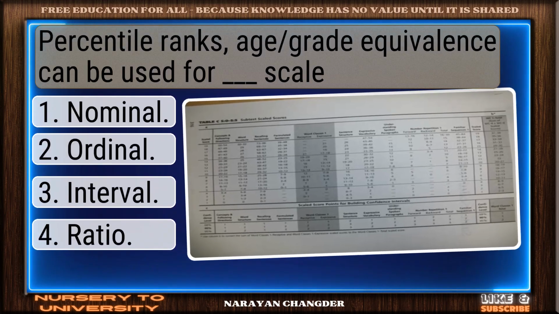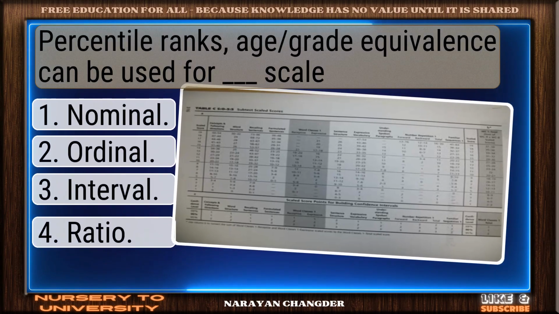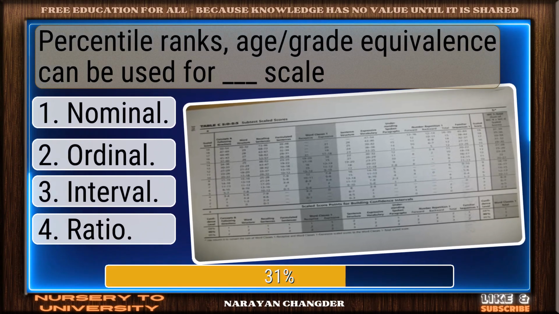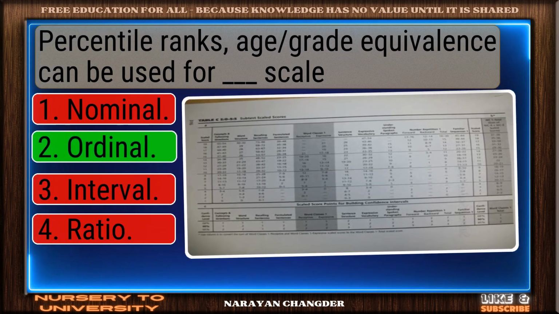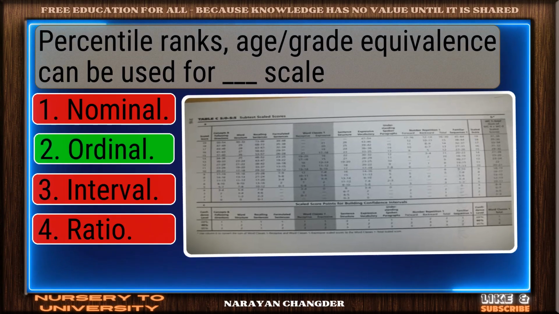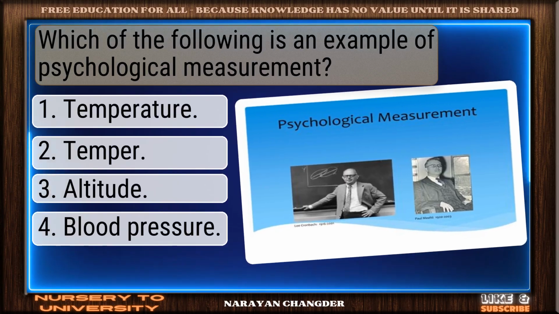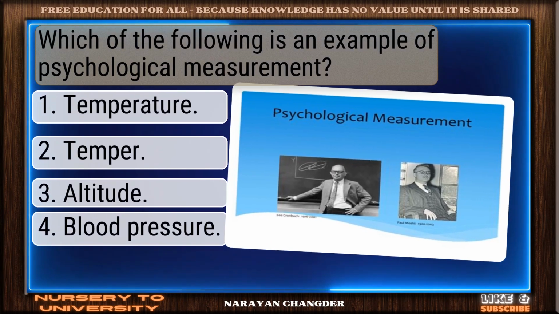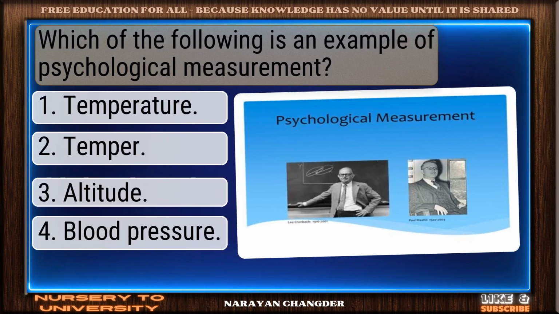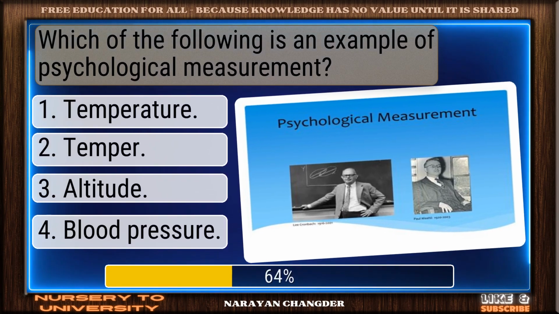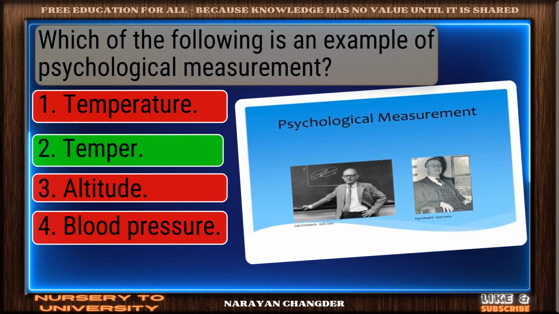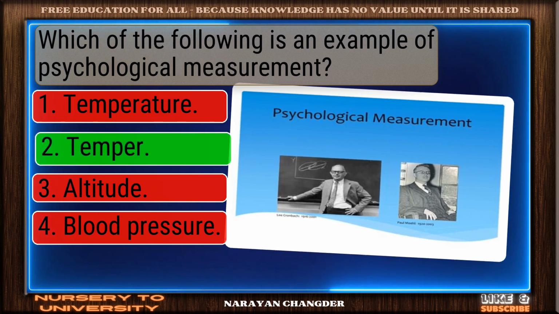Percentile ranks, age grade equivalence can be used for dash scale. Great job. Ordinal is the accurate answer. Which of the following is an example of psychological measurement? Right choice. Temper is the best answer.